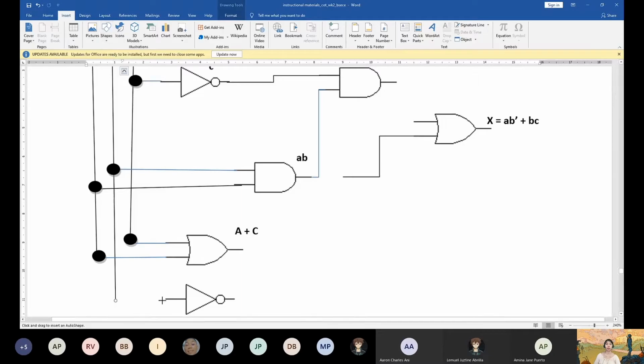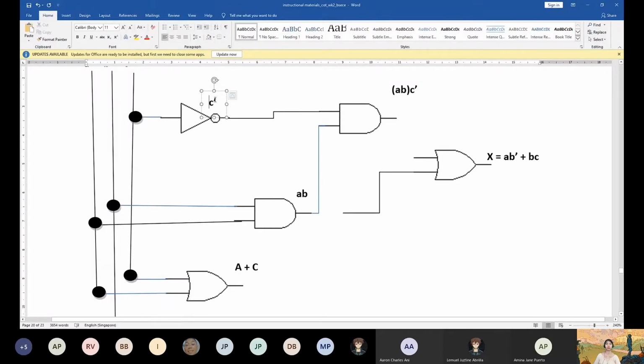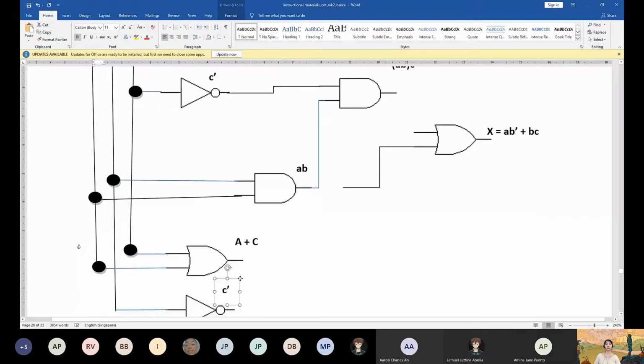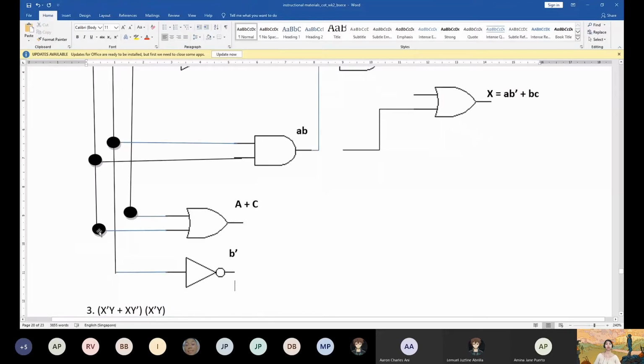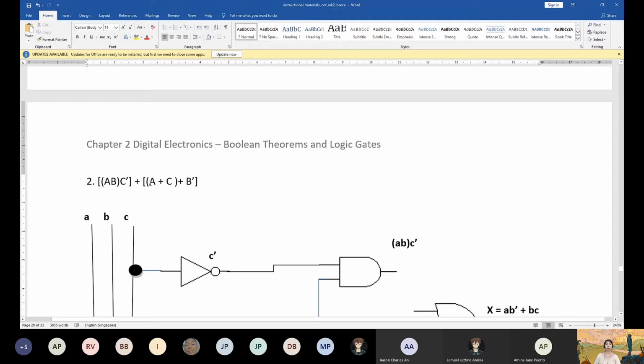You may ask questions anytime, class, while I'm drawing this. So this is B prime. We need to be uniform. B prime. And then what's next? A plus C plus B prime.